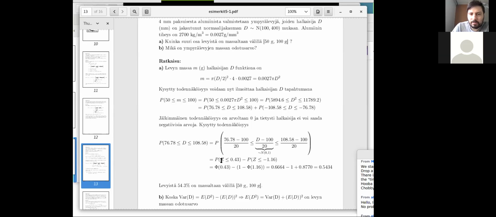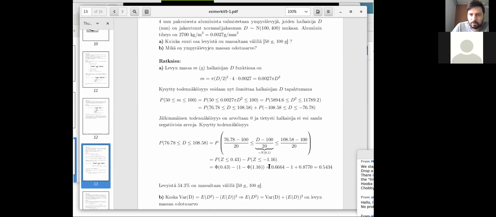We should get the cumulative distribution function at the upper limit minus the cumulative distribution function at the lower limit. The lower limit is negative, so because of symmetry we calculate it as 1 minus the negative of that.